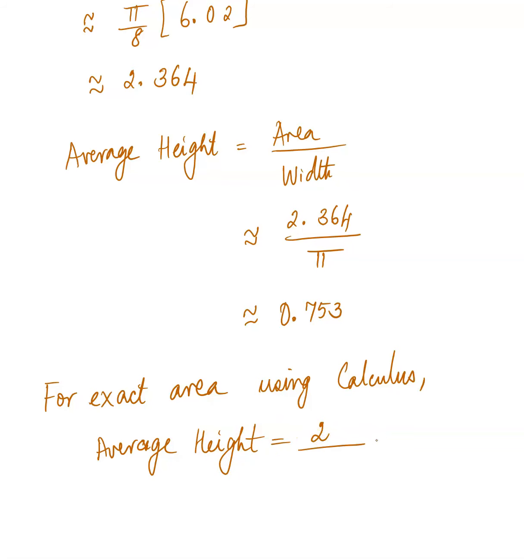Remember, again, it has to be lower than this because we overestimated it, right? It was the upper sum, so we overestimated it. So the true area is 2, and the true average height is 2 over pi, and that approximately is 0.63662. We are off, but not terribly off, and so we were able to estimate this.